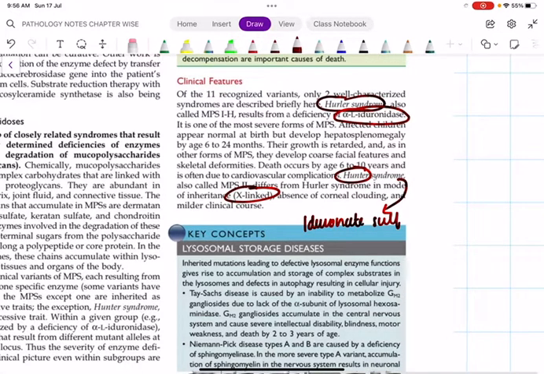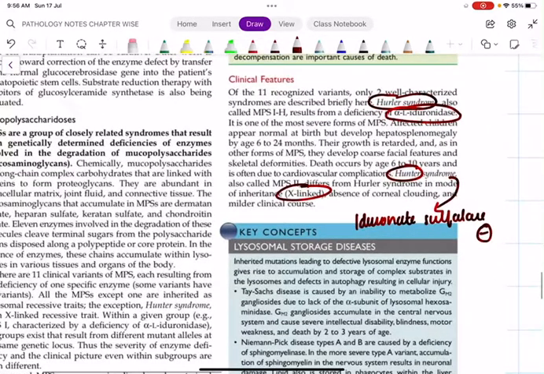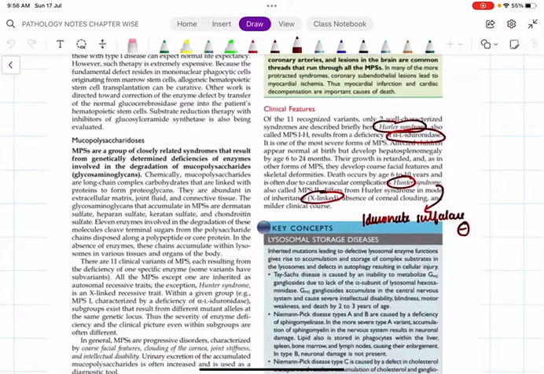Hunter is always different. So remember, Hunter is X-linked recessive and it is iduronate sulfatase; iduronidase is Hurler. It is a long name. All others are autosomal recessive except these two.